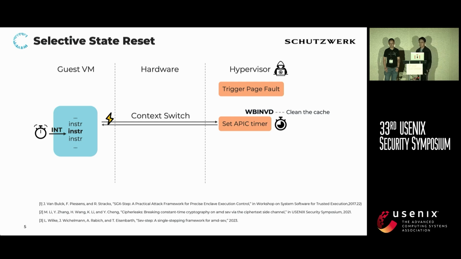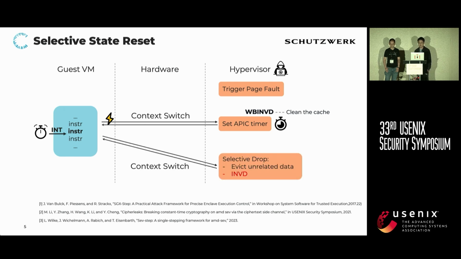So with the write-back invalidate instruction, we can make sure that every time before the interrupt, the cache is always clean, so we can get a reliable single stepping. And second, with the write-back invalidate instruction, we can write back everything in the cache. So before we arrive at the correct point where we execute the invalidate instruction, we are less likely to drop some unrelated content. So that gives us more reliable performance.